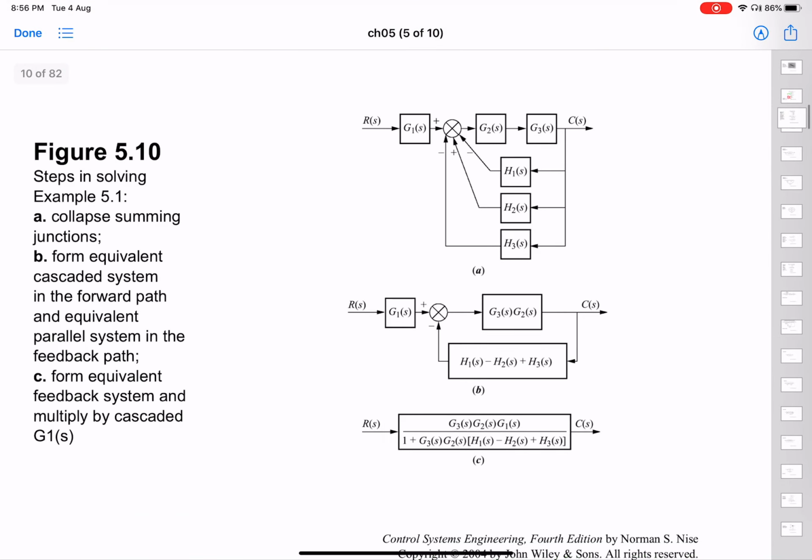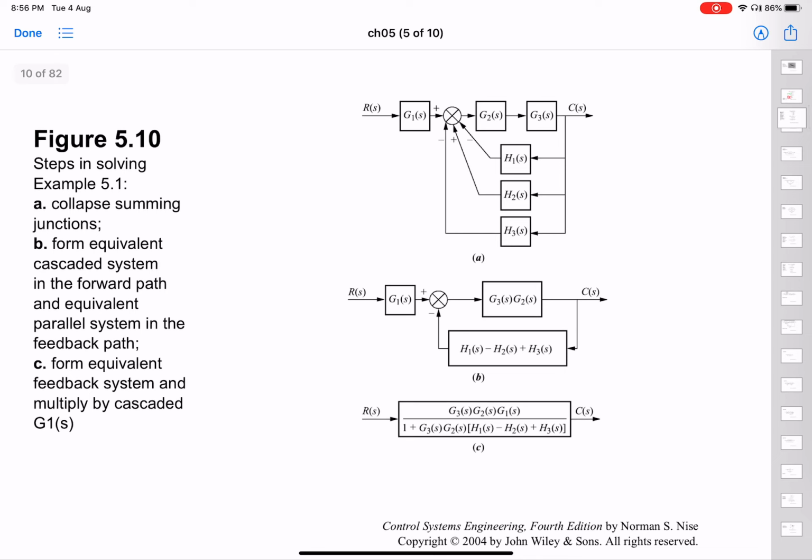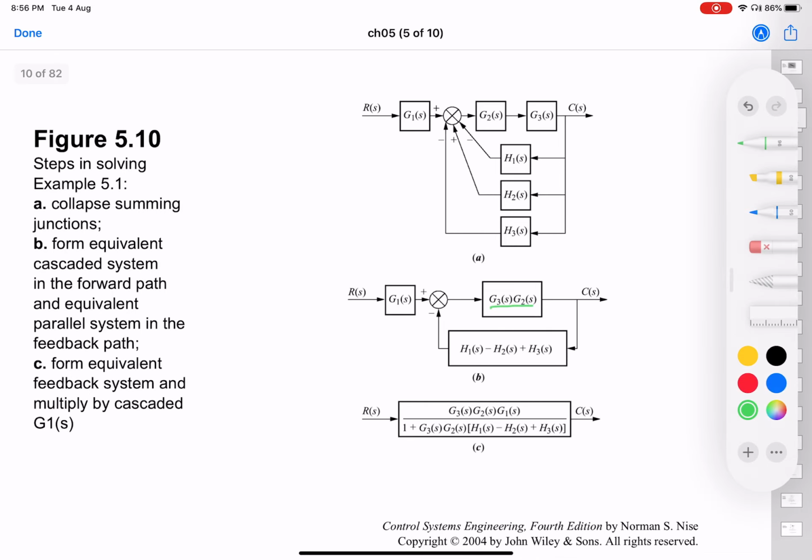So this is what has been done in this also. So you have G2, G3 here, and you have this. He has taken this as negative feedback, so it doesn't have a minus for H1 and a minus for H3. He has a minus for H2, and in the end, the result is the same, right?